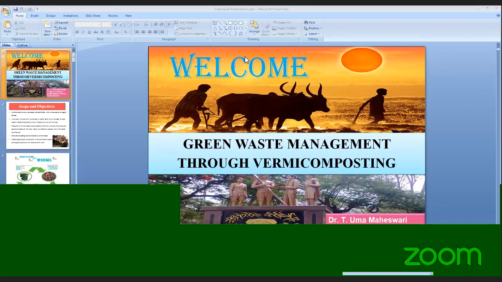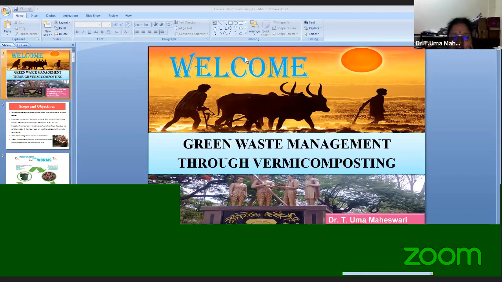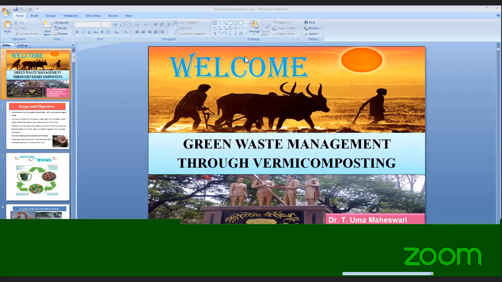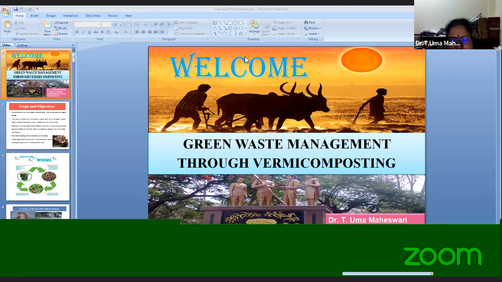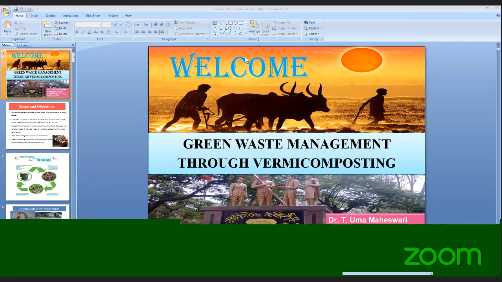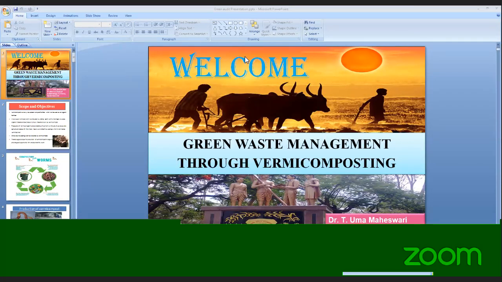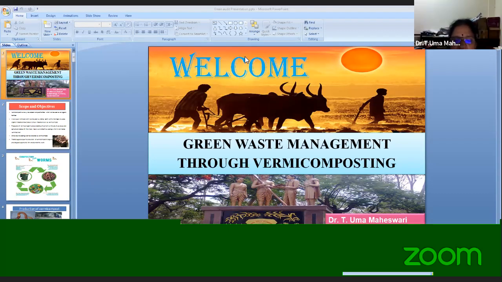It depends upon the place and how much size of shed you want to construct. Usually we have constructed a shed of 40 by 20, that is around 800 square feet. Take it as 1000 square feet. The shed comes to about 1.5 lakhs initially. Then the working capital will be around 50,000.